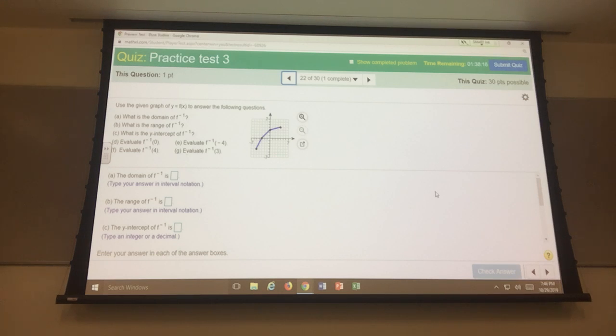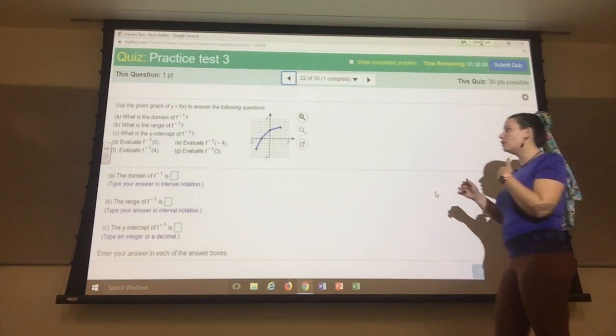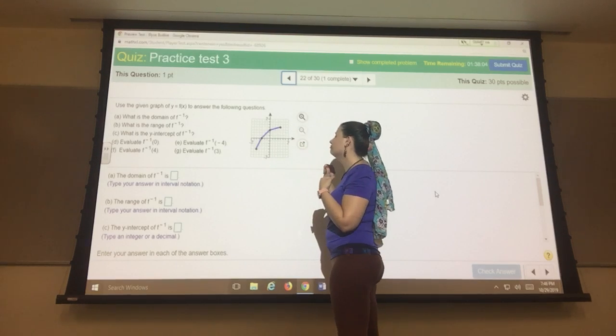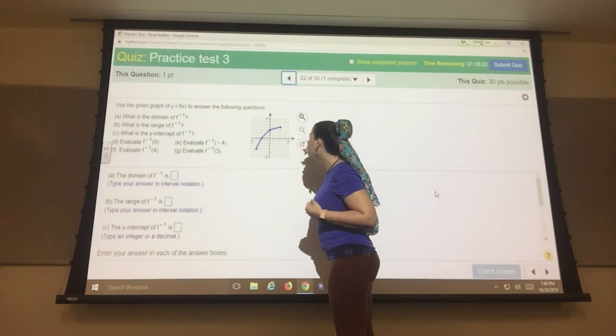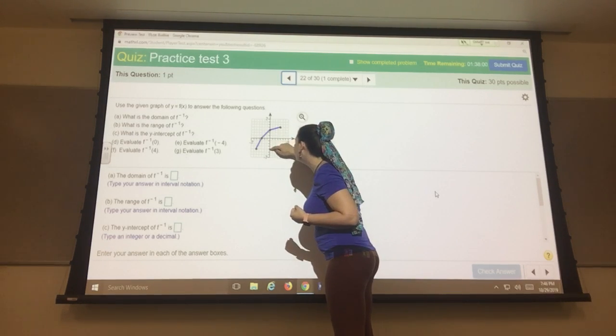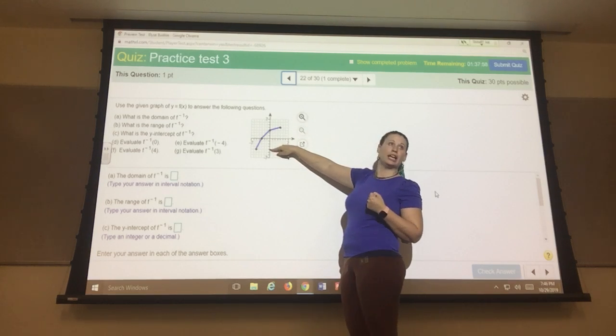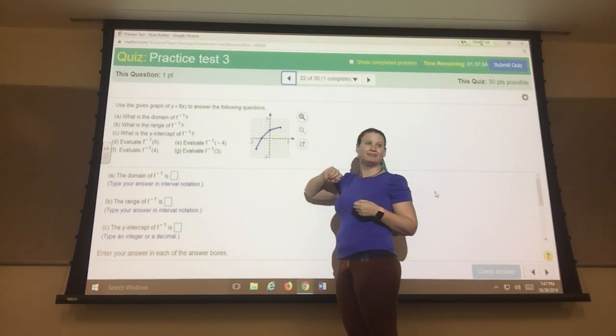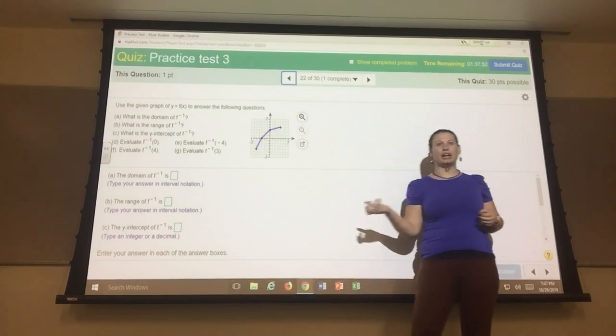Sure, okay. So domain of f inverse, what do we look at for that? The range of f. So this is f, so what's its range? This is 1, 2, 3, 4. This is 4, negative 4, to positive 4. Inclusive, right?